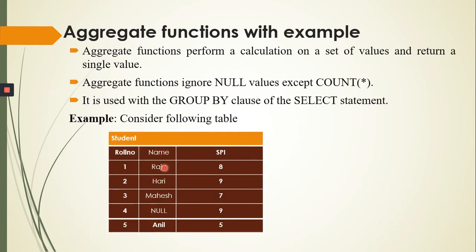See here, remember this: aggregate functions ignore null. Here we have a total of 5 rows, but one row is null. So the aggregate function will ignore the null, and the output will be 4. How many names? The 4: Raju, Hari, Mahesh and Anil.